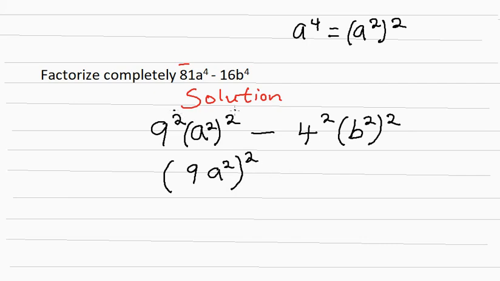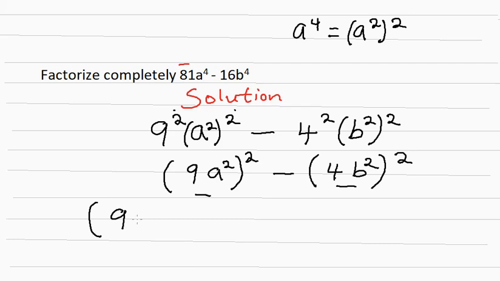Two of them are squares, so I can put that in a bracket and square the factor inside the bracket. The same happens with this, which is the same as 4b squared, all squared. So now, as you can see, the expression is in the form of a difference of two squares, where this represents my A and this represents my B. So let's simplify that.